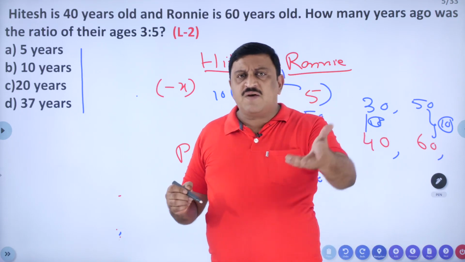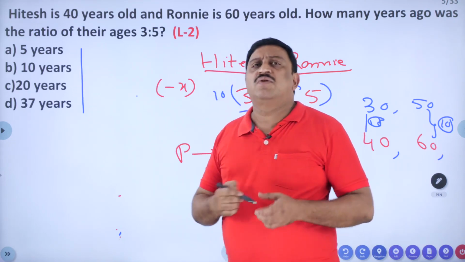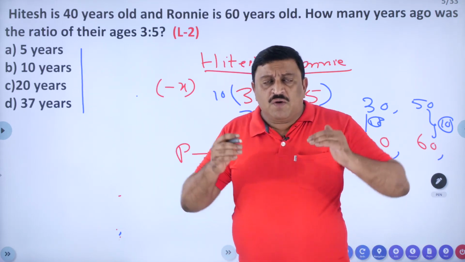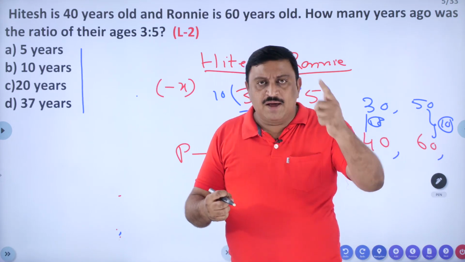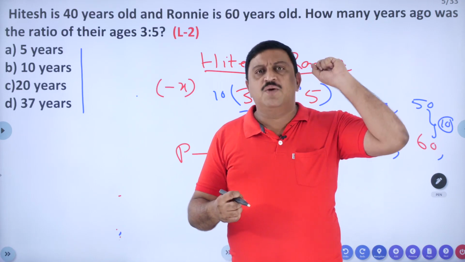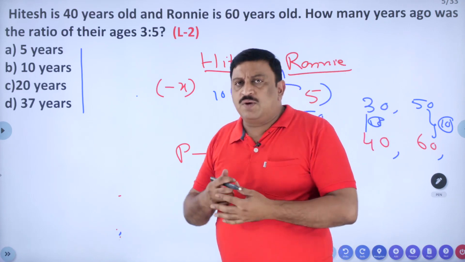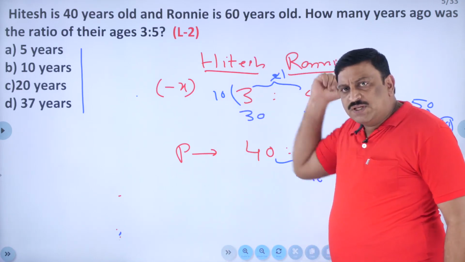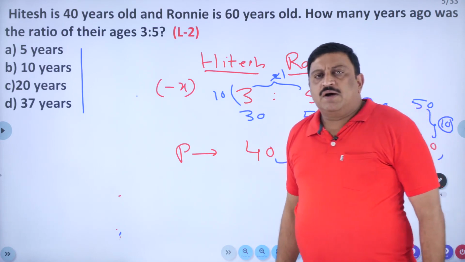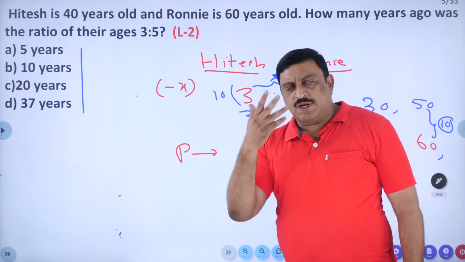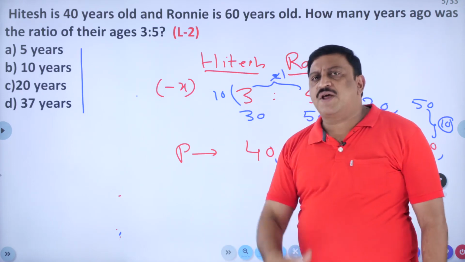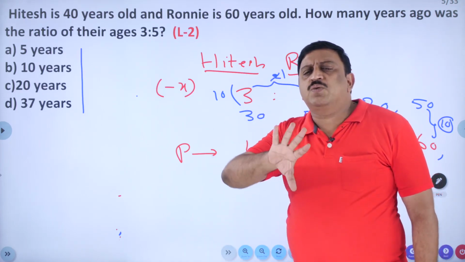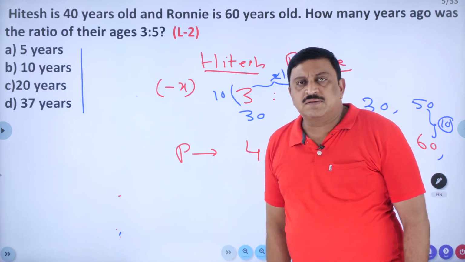If you are lucky, maybe you will get the second option. But why should we be lucky? We have our hard work, our brain, we have the logic, we can do it in a fraction of a second. While explaining, I take this much time. Once you practice, you will do all these things within 5 to 8 seconds.